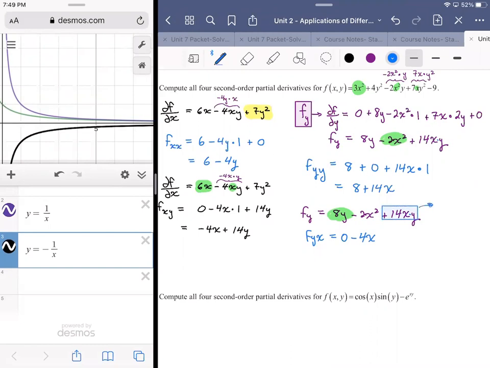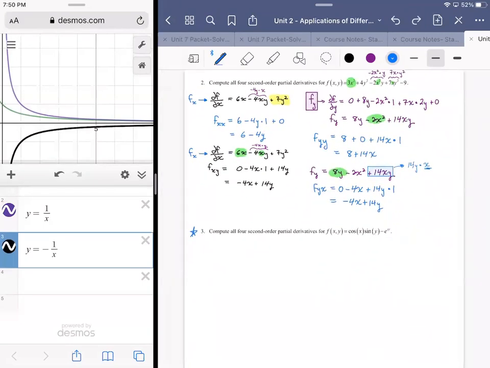So I want to think of this as 14y times x. So I differentiate around the x. Hang on to the constant multiple of 14y, take the derivative of just the x, which is 1, and I arrive at negative 4x plus 14y, which is what we got over here. So I at least know I did something right.